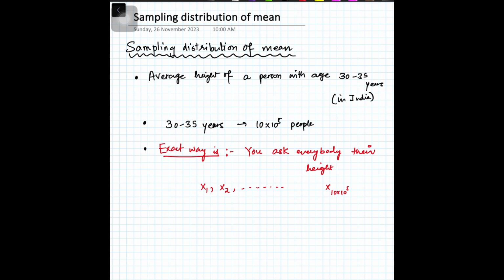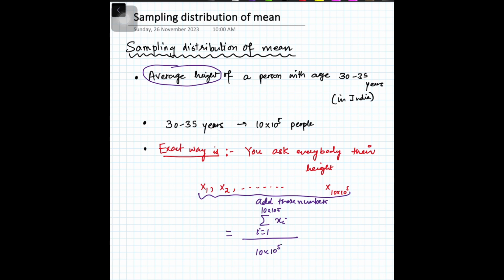You want the average height, so you add these numbers: sum of xi, i from 1 to 10 into 10 to the power 5, and then divide by the number of people, that is 10 into 10 to the power 5. This is your exact average height.